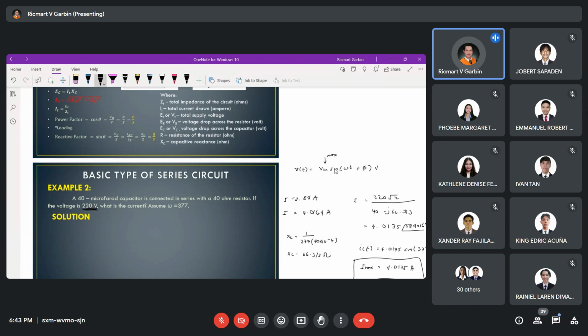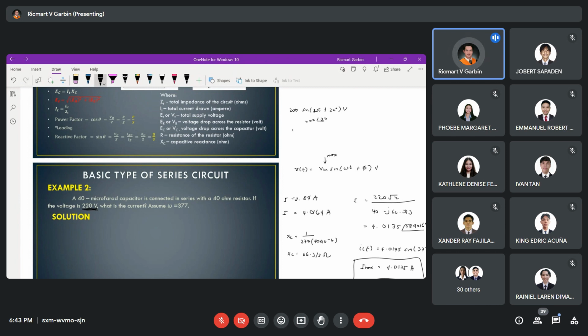Halimbawa, kung ang given natin ay ang v of t is 200 sine omega t plus 30 degrees volts. Pag sinubstitute nyo yan doon sa ating formula, yan ay 200 angle 30 na agad. So, maximum na ito.